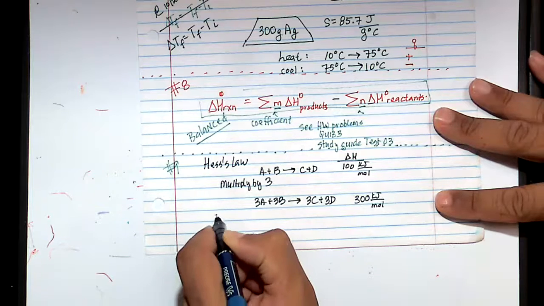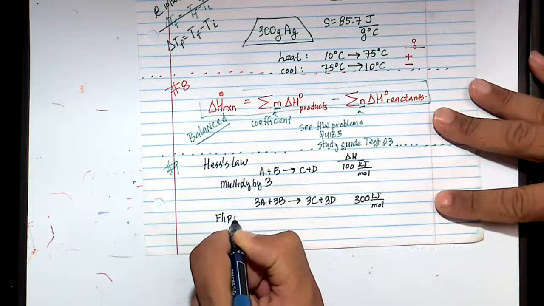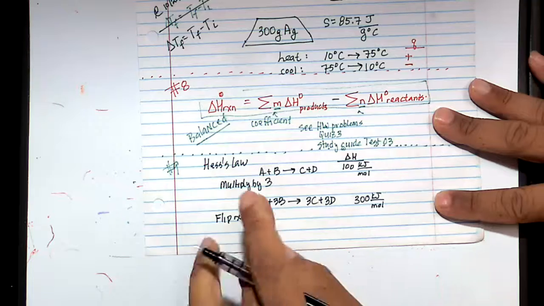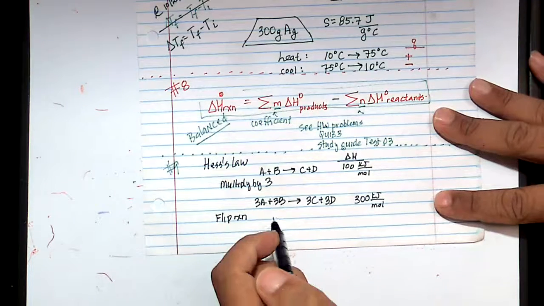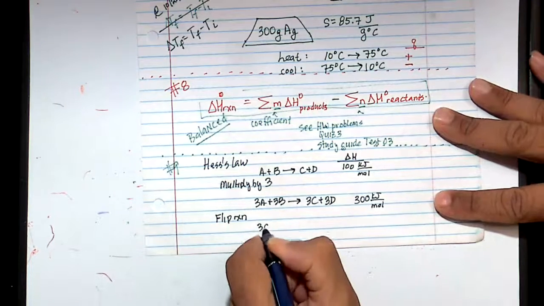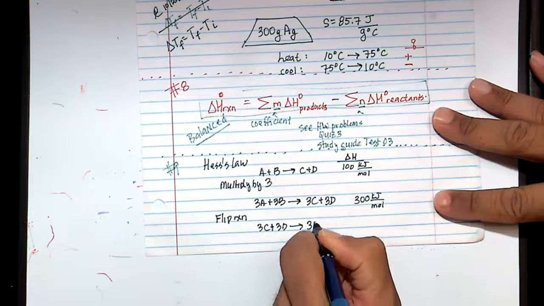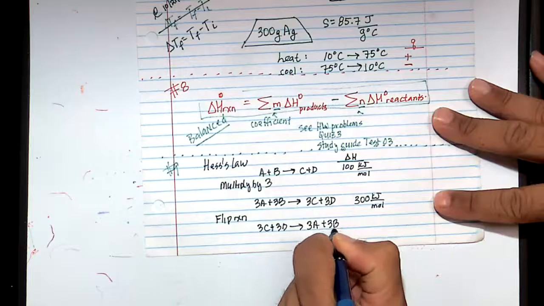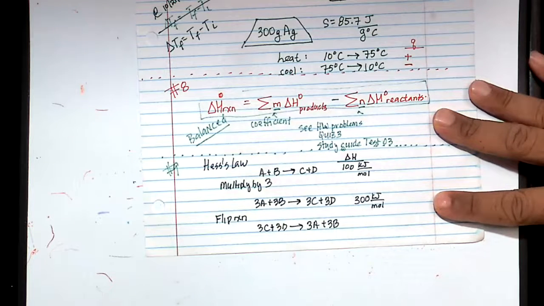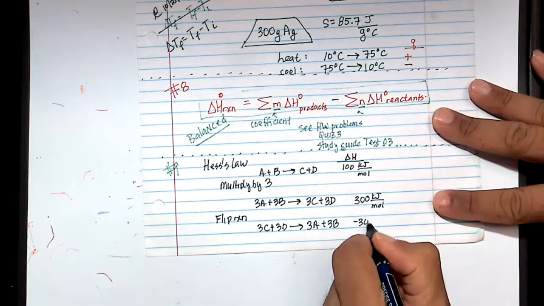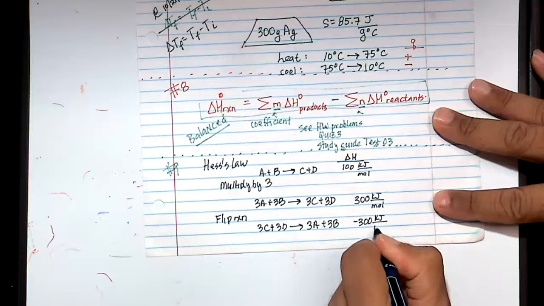And then what happens if I flip this reaction? Instead of this going one way, I flip it. 3C plus 3D goes to 3A plus 3B. Okay, what's my new delta H? Yeah, it's going to be negative 300 kilojoules per mole.